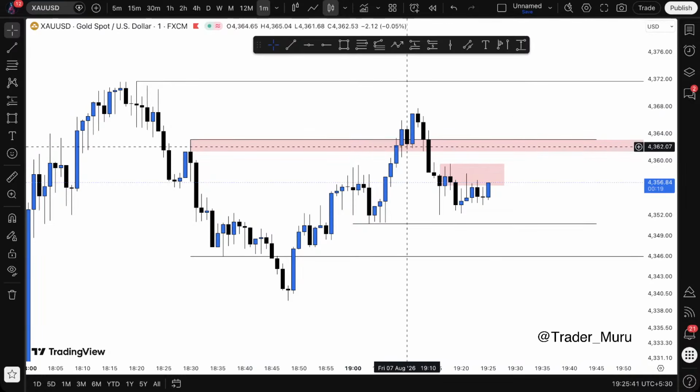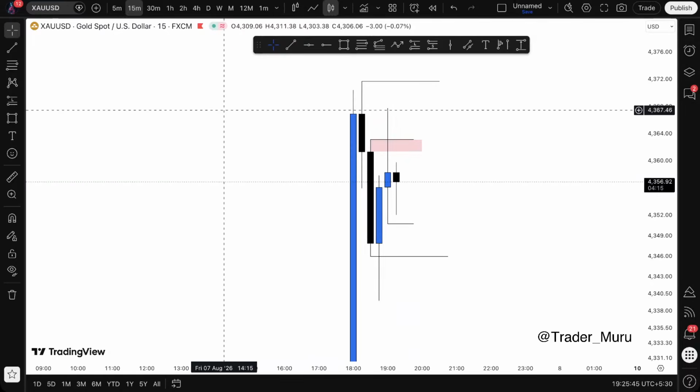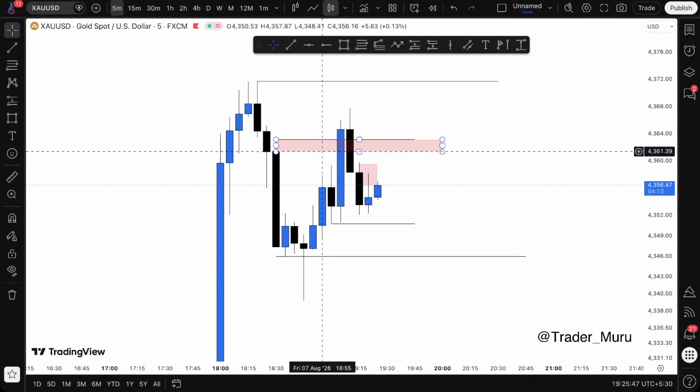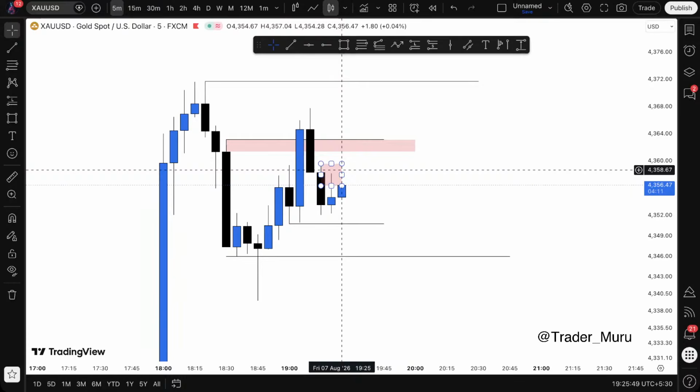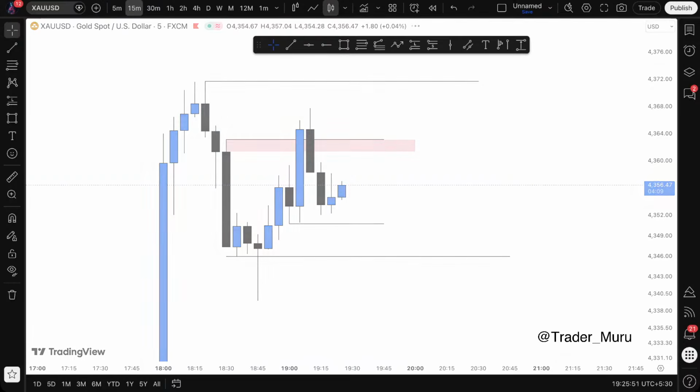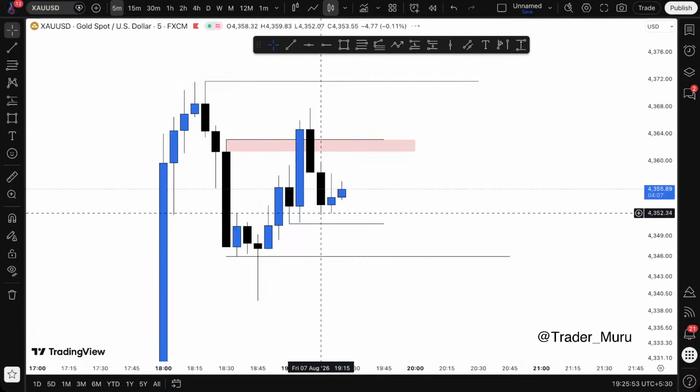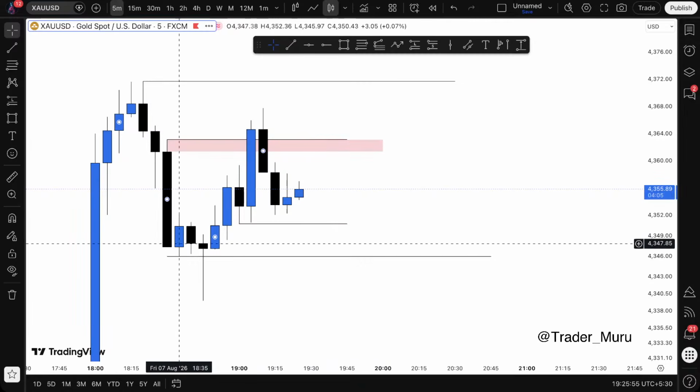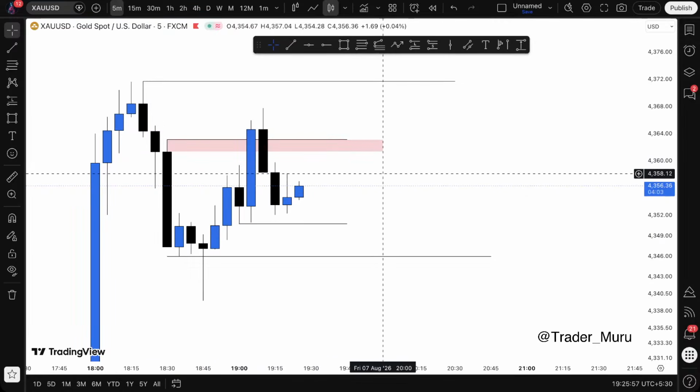This is also order block. Let's not go on 1 minute. It is continuously changing. 15 minute is still bearish, 5 minute still bullish. So that's why ranging.